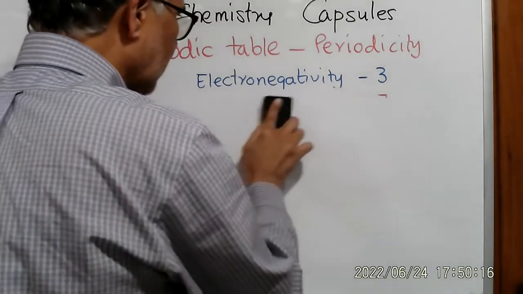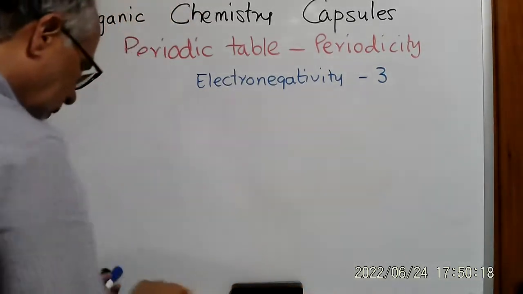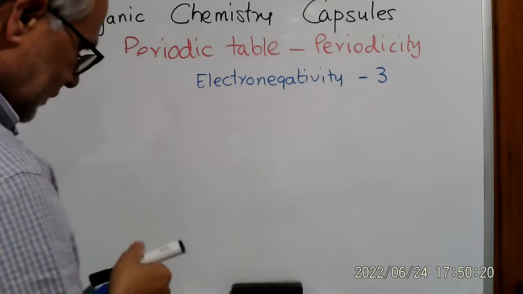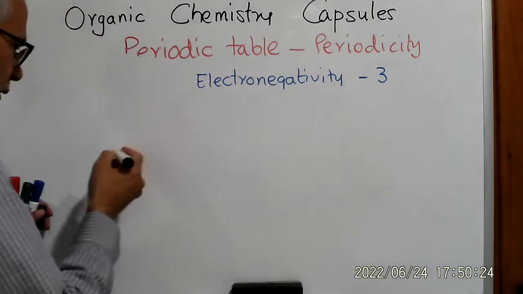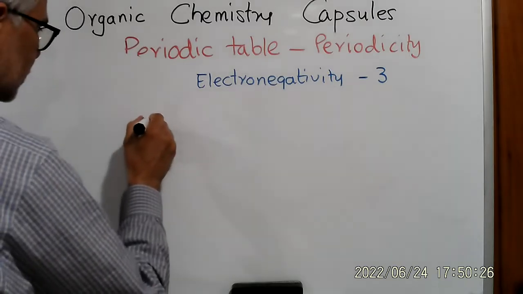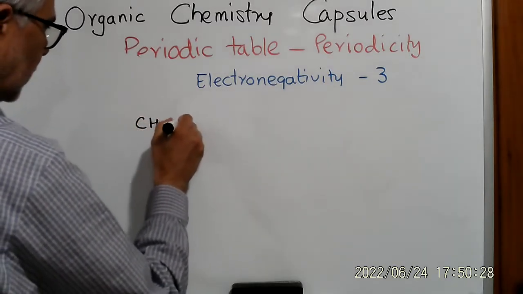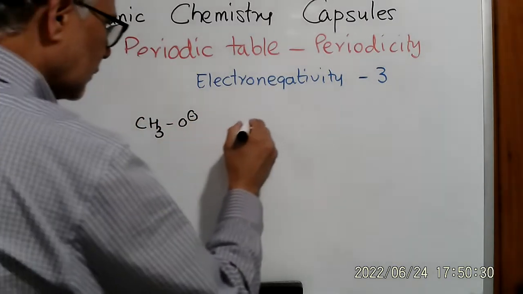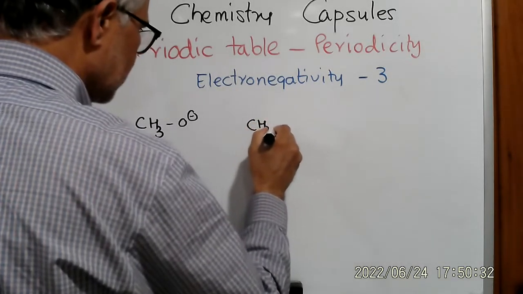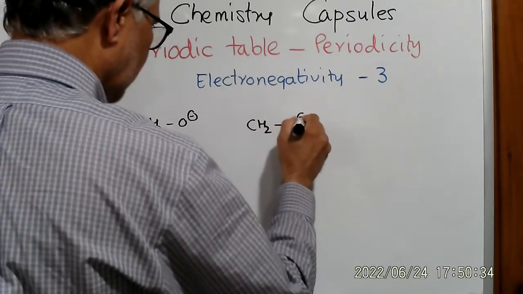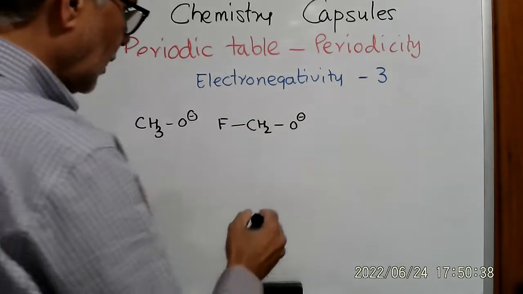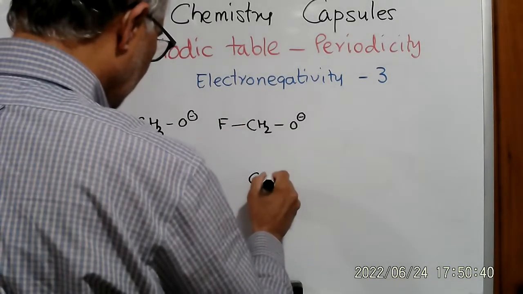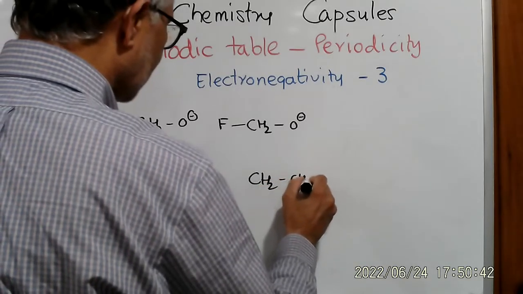Okay, so the other example that we want to see is, let's draw four compounds: CH3O-, CH2O-, and let me put a fluorine there. And now I'm going to add more carbons.